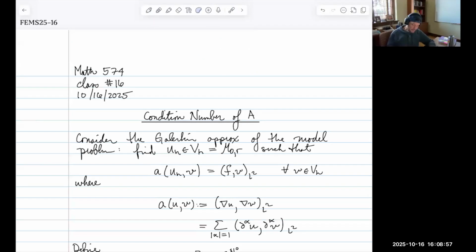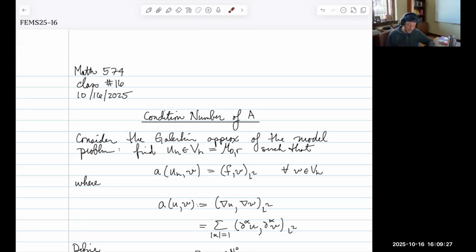So if you consider the Galerkin approximation for the model problem, it's written as follows. We're going to look for a function from a finite dimensional space, which turns out to be a Hilbert space in this case. And the particular one we're going to be interested in are these piecewise polynomial spaces where if I restrict to a triangle, we're going to get a degree R polynomial.